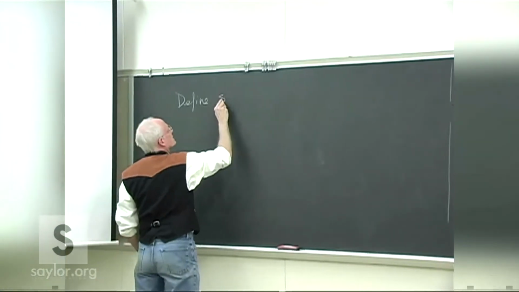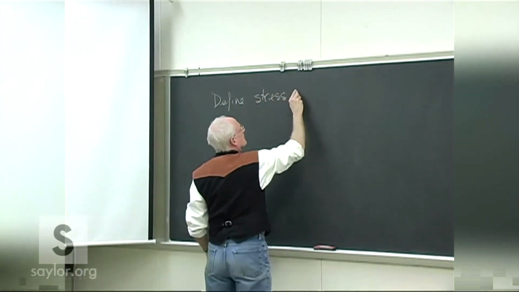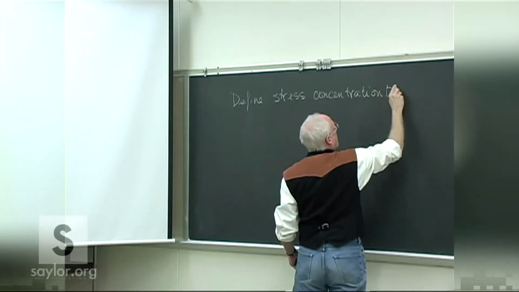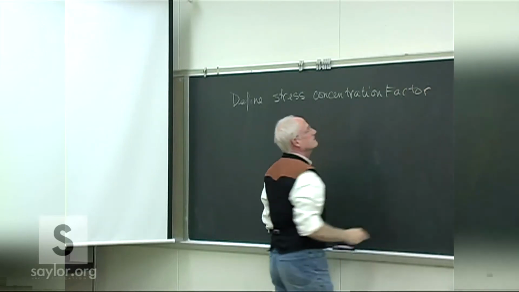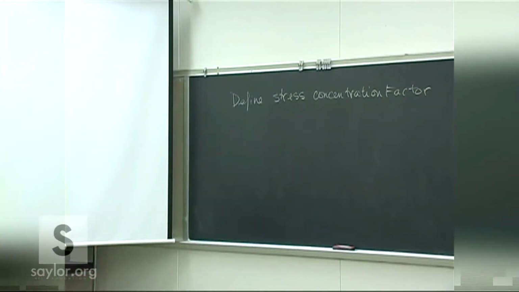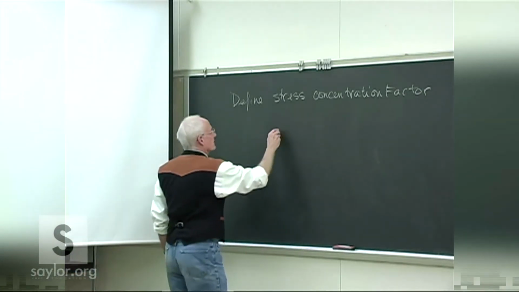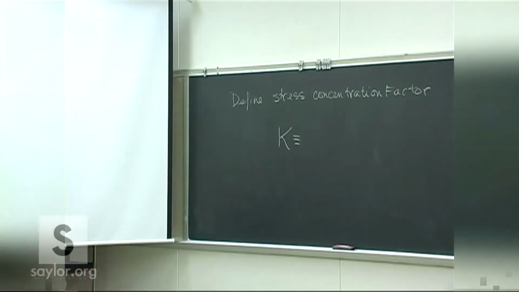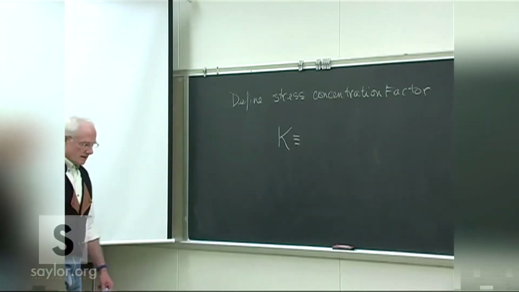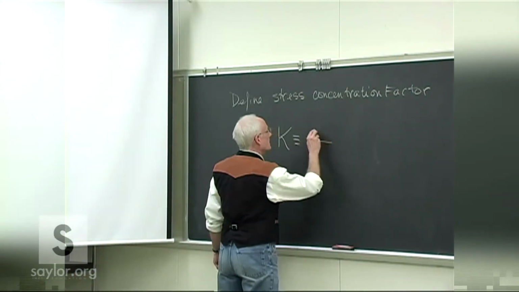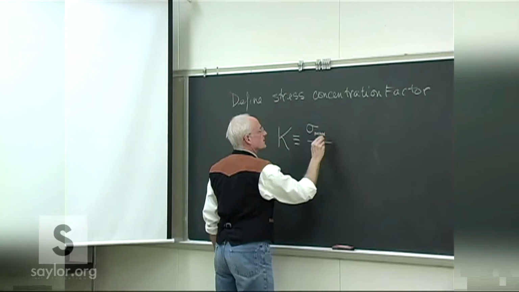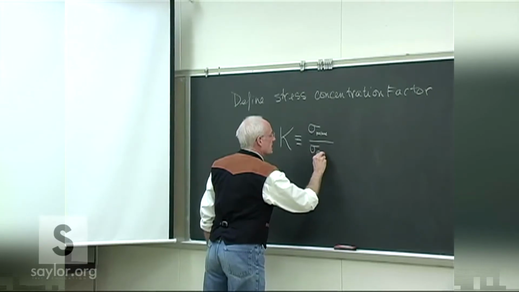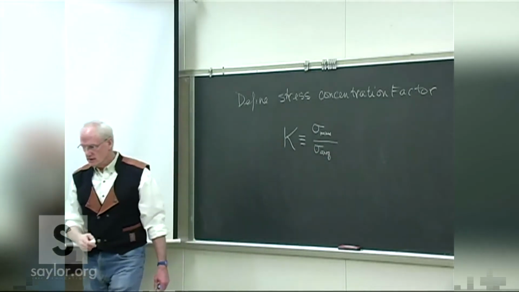We define what's called the stress concentration factor, K, defined as simply this maximum stress for some geometry divided by the average stress that we would have used coming up to this point.